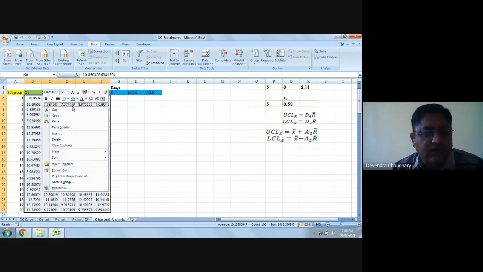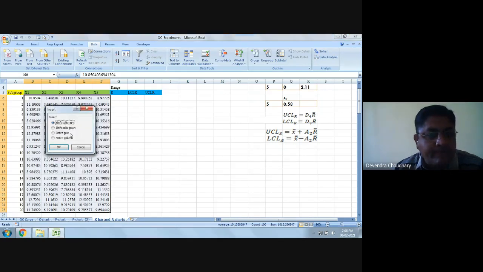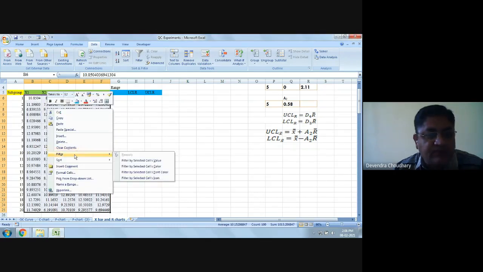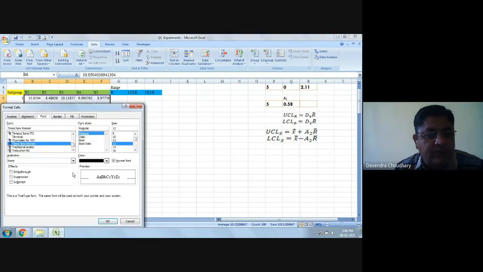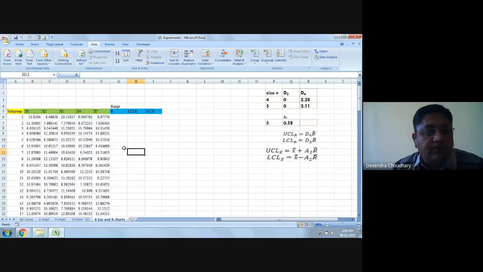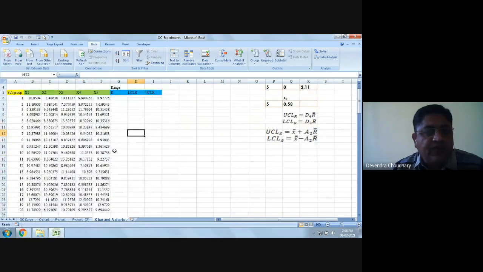So I can make use of some filter or insert comment, format cell, something like that. Okay. So after getting these values, I find out the range.